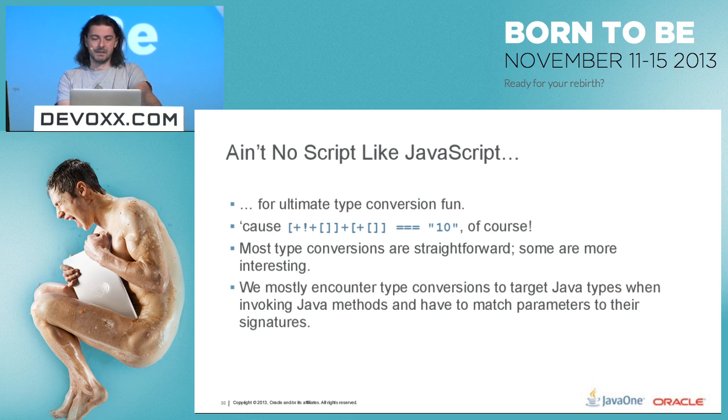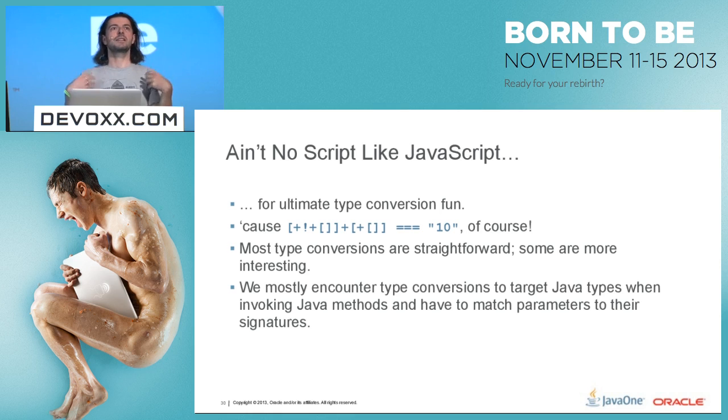All right. So when you do the interop with your underlying platform, you do need to convert values from time to time. And JavaScript is like the ultimate fun playground when it comes to this thing, because that expression there evaluates to the string 10. Obvious, right? JavaScript. So we do the type conversions mostly.